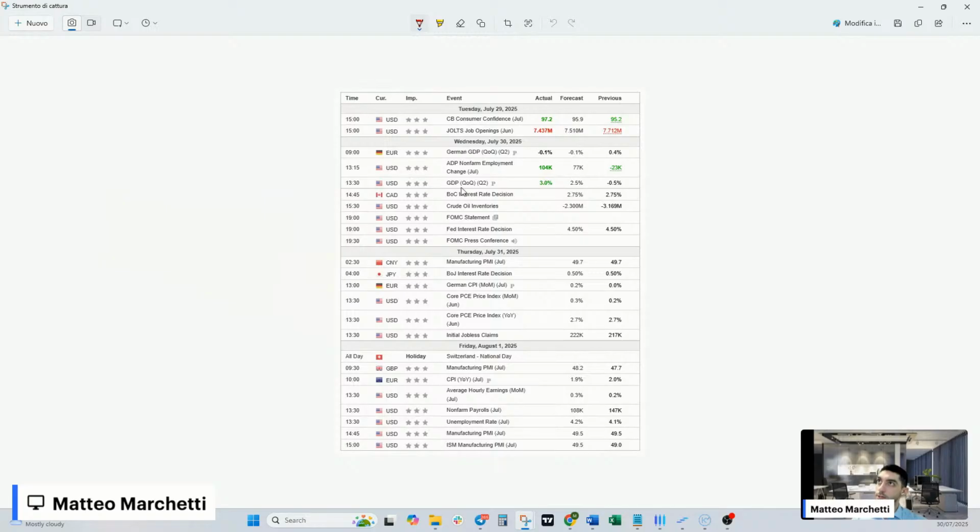Regarding the rest of the week, today we had two important market movers, the ADP non-farm employment change, which came above expectations. Normally, as you probably know, there is a close link between the ADP figures and the non-farm payroll figures.